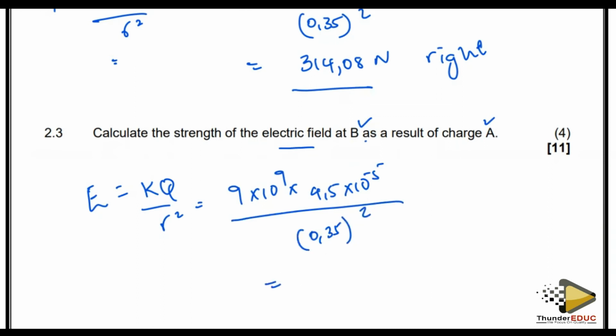Multiplying it by 4.5 times 10 to the negative 5 over 0.35 squared, I'll say 3.31 times 10 to the plus. Since electric field is Newton per Coulomb, also going to the right.